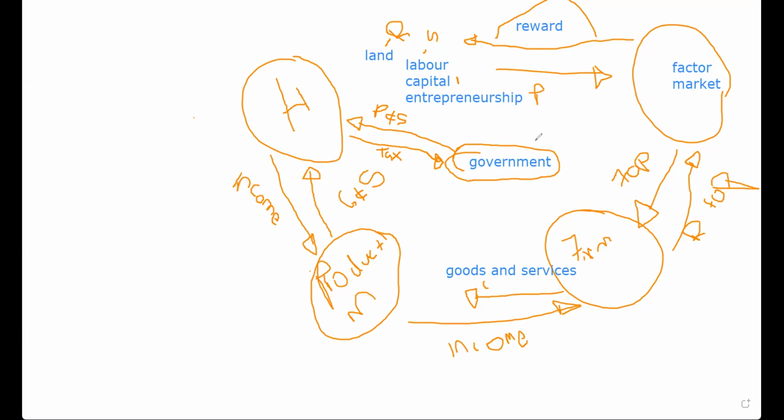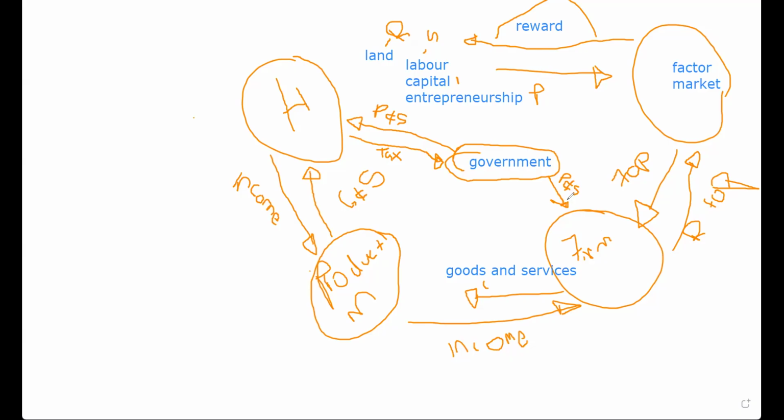And also, the government provides public goods to the firms, such as infrastructure, so that the firms can carry out their duties as well and produce goods and services. One of the public goods that the government provides firms with is road infrastructure.